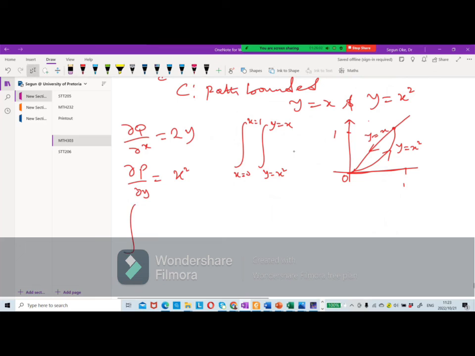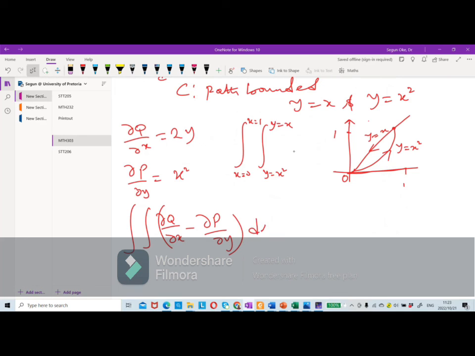So your formula is here. You know it. The dQ/dx minus the dP/dy, multiplied by dA, which is the same thing as x equals 0 to x equals 1, y equals x squared to y equals x.